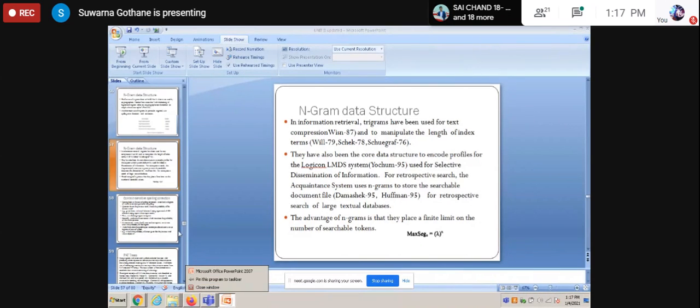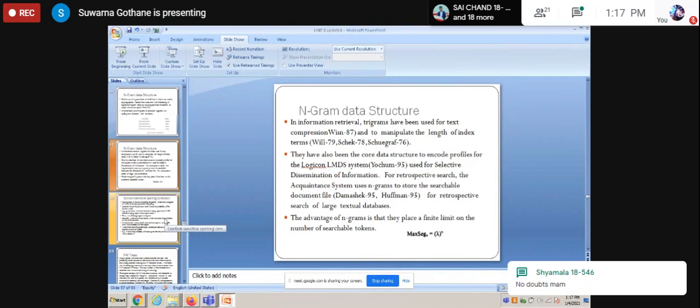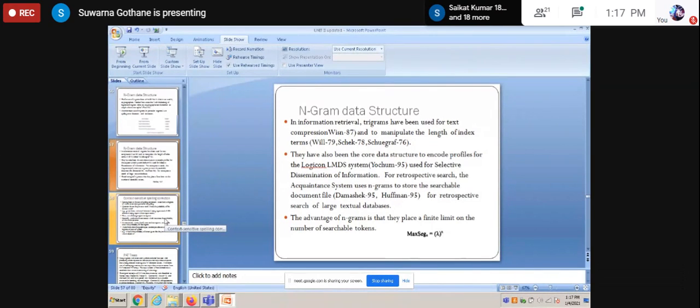So engram data structure. Like your stacks, queues, linked lists, and arrays, which you have seen already, for information retrieval systems also we will use different data structures. Engram is one of the data structures applicable in the IRS for information retrieval.